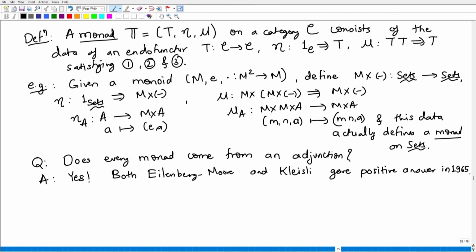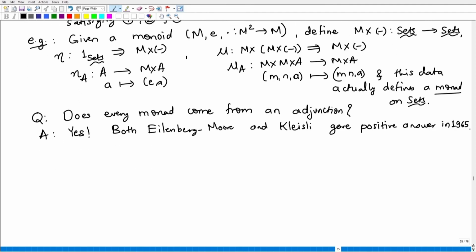Okay, so maybe let us first look at this particular example itself. Given this particular monoid action, which is free monoid action, can you answer this question in that particular example?